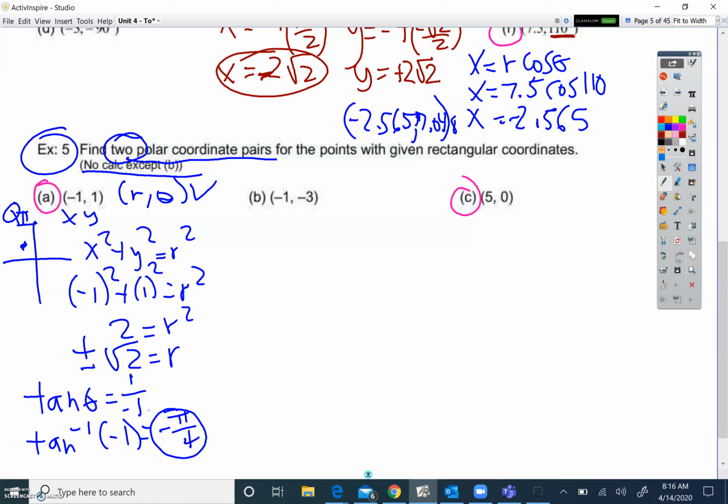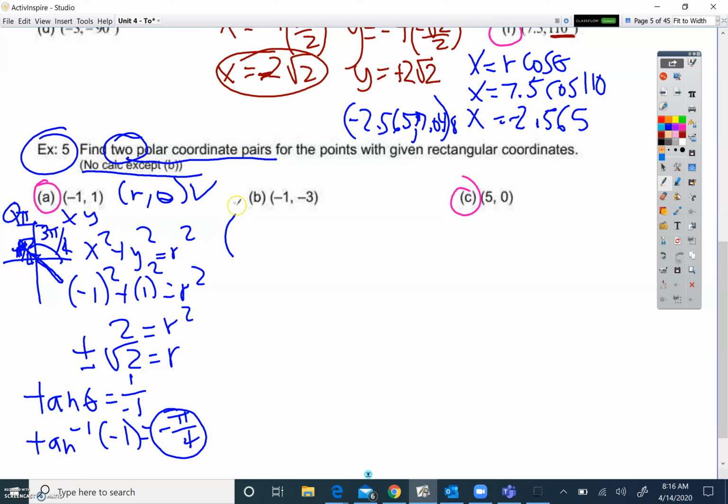But remember, since we are doing 2 different points, negative pi over 4 is in the 4th quadrant. Remember we go 180 degrees this way, so we need the angle here. We know this reference angle is pi over 4, so that means this angle here is 3 pi over 4. So now we have enough thetas and enough radii in order to do 2 polar coordinates.